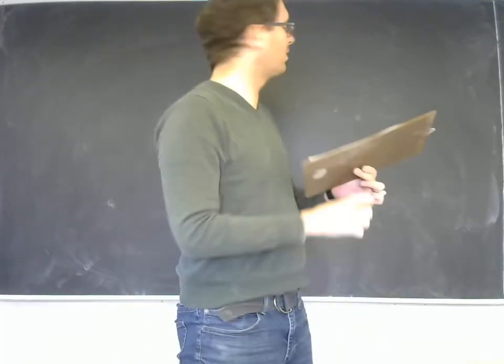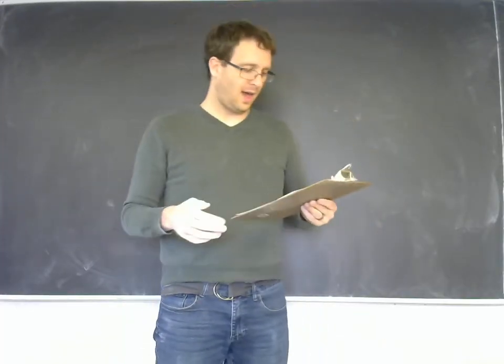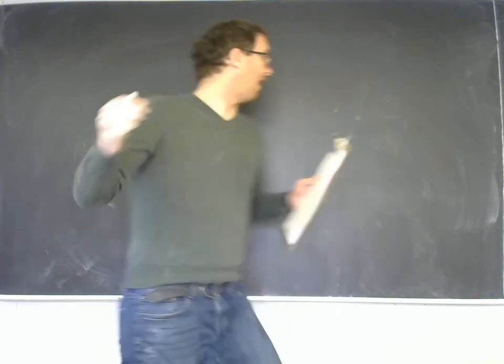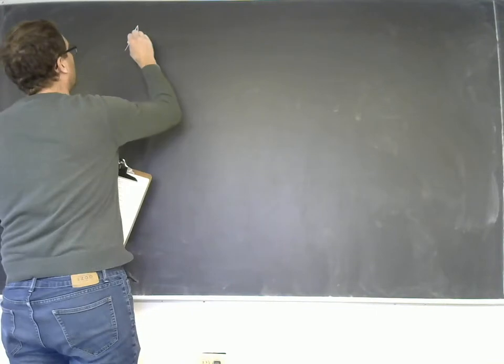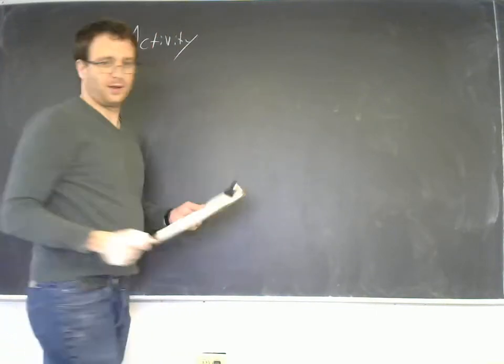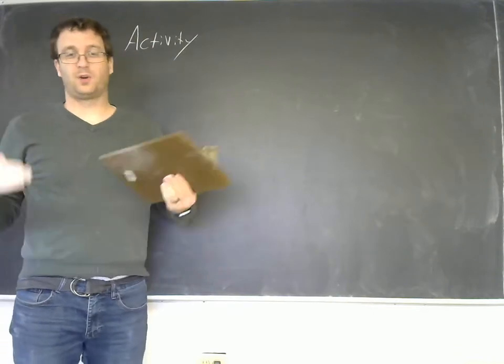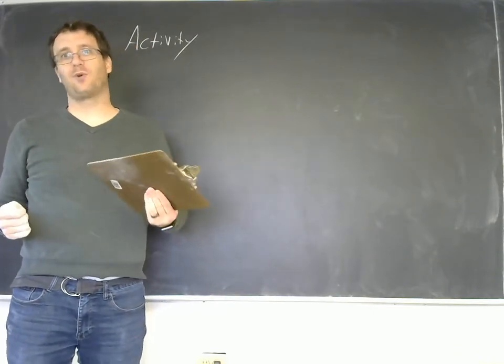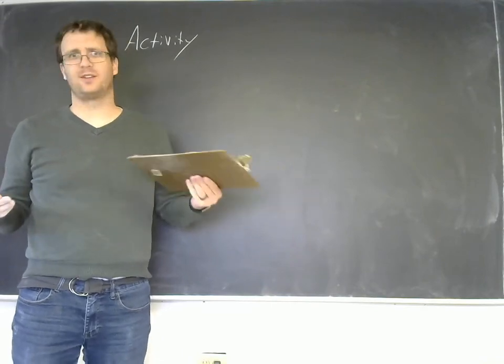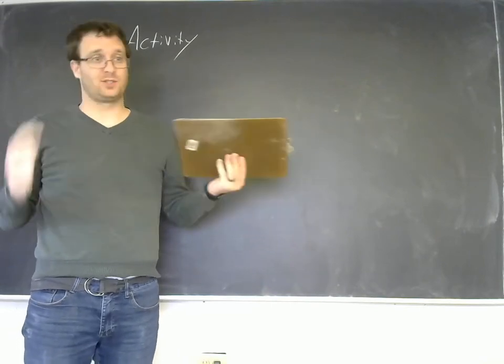Okay, so there's one last quick little thing. How do we measure radioactivity? So first of all, activity is sort of a catch-all phrase for the strength of radiation, whether it's alpha decay or beta decay or positron emission.